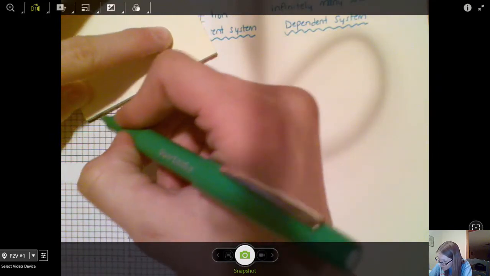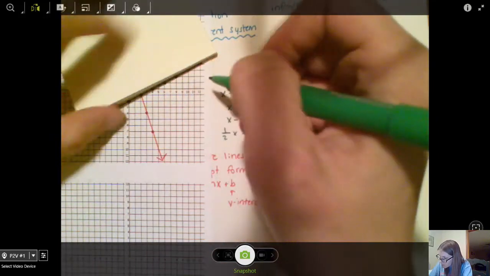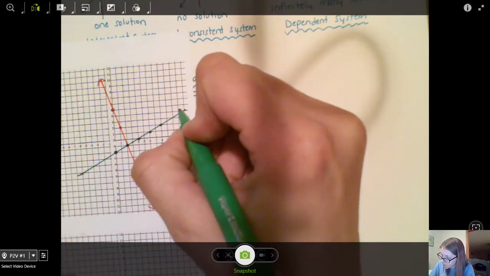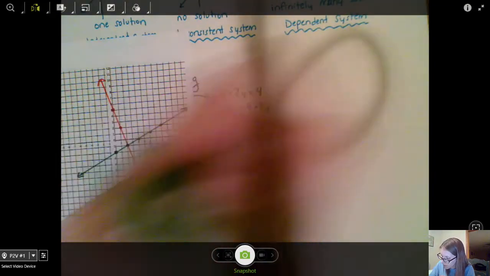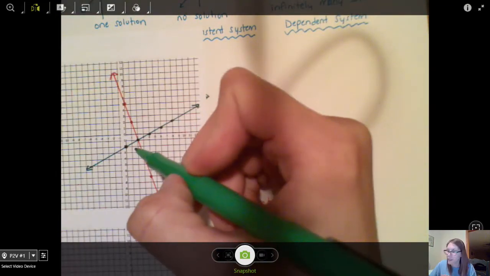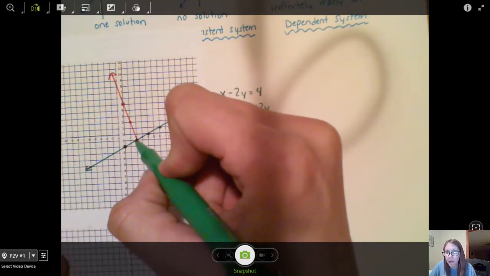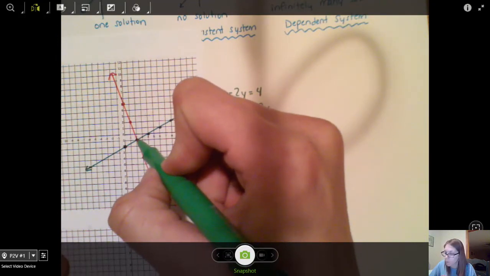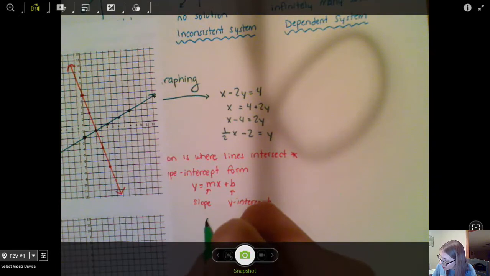And we connect our dots. Okay, and our graphs intersect at this nice point right here, (2, -1), and (2, -1) is our solution.